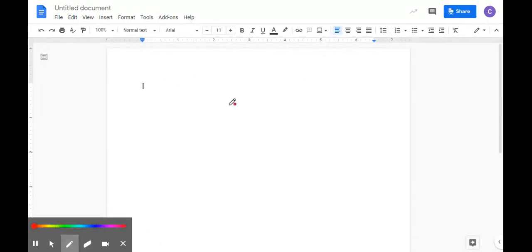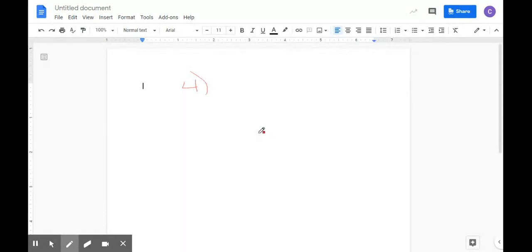Okay, so let's look at number 4 now. Number 4 says an envelope is 3 1/3 inches long by 3.5 inches wide. What is the area of the envelope? So does anybody remember how you find the area of a rectangle? What do you have to do to find the area of a rectangle? Length times width.